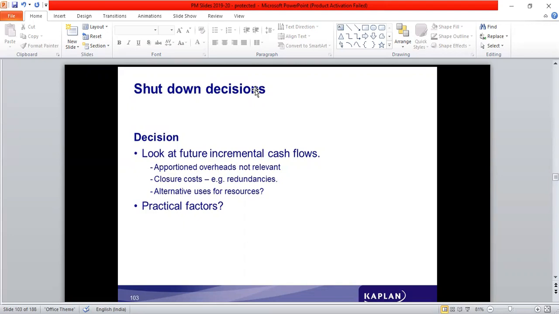Shutdown decisions. The next topic, what is shutdown decisions? Sometimes certain units which are not doing well, certain products which are not doing well, in that case, they have to take decisions about shutting down that particular unit. That is about shutdown decisions.